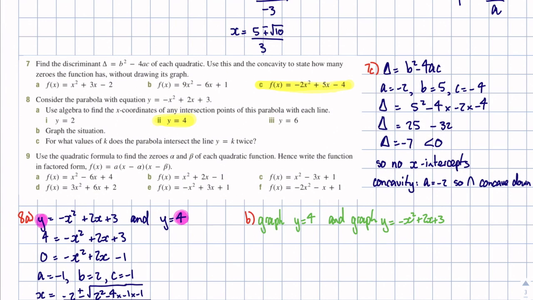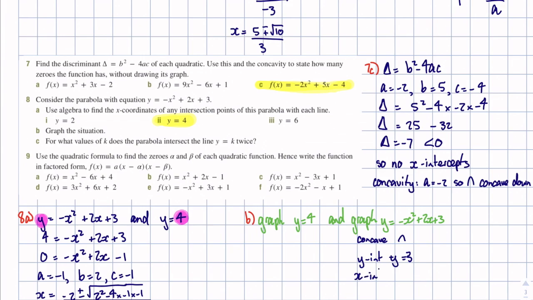So let's have a look at negative x squared plus 2x plus 3. Well, we know it's concave down. We know the y-intercept is at y equals positive 3.